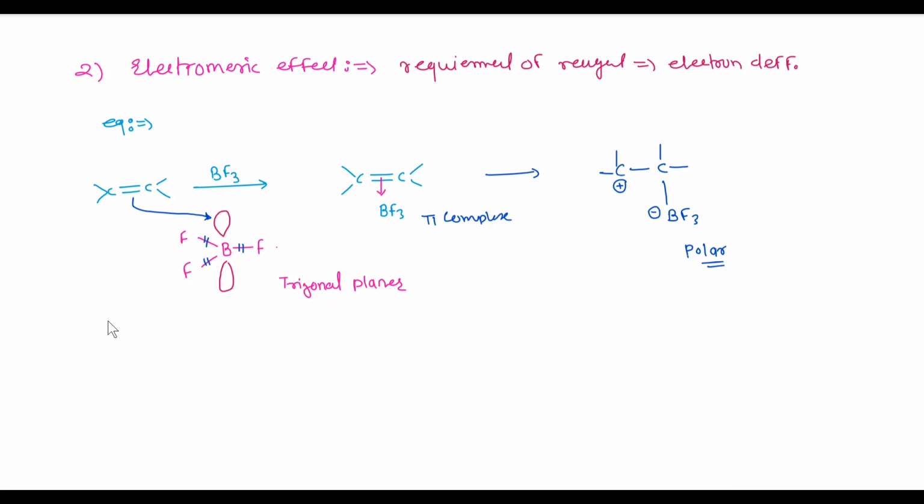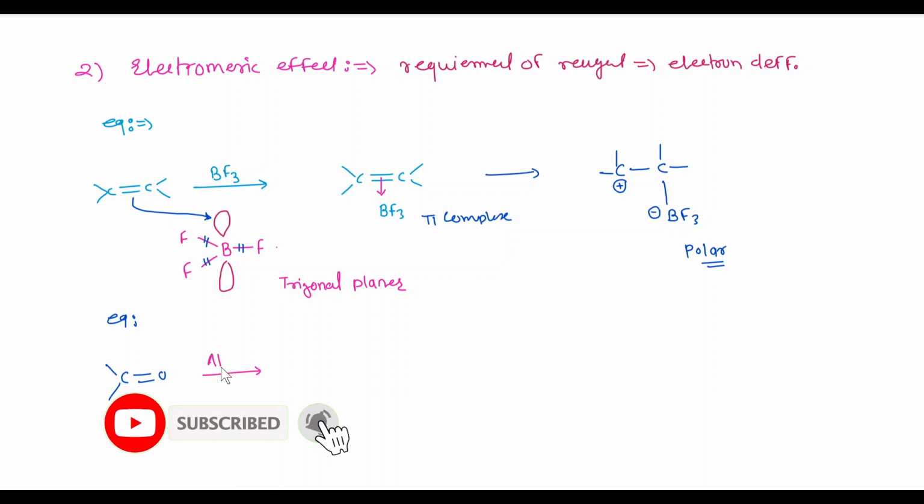Let us see another example, of the carbonyl molecule. Basically, carbonyl is also an unsaturated system. When this carbonyl moiety is treated with acids or Lewis acids like AlCl3, the double bond donates its electron density to the aluminium, because aluminium has vacant d orbitals in its valence shell, and that's why it forms a new pi complex.